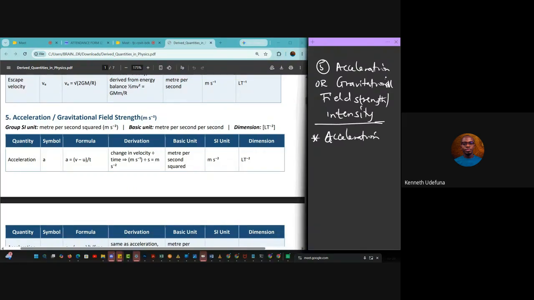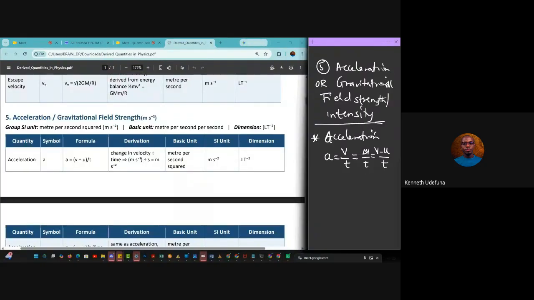I told you the format we are using is that we state the quantity first. Acceleration is represented as A. And A is given by the formula V over T, or change in V over T, which is V minus U all over T. All these are the formula.